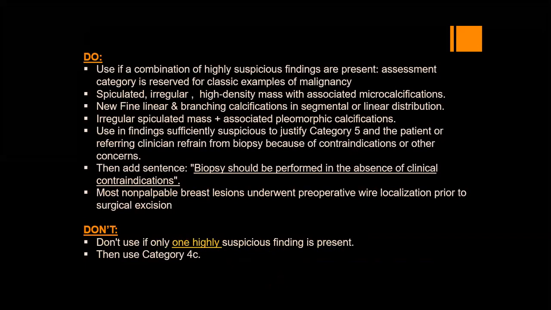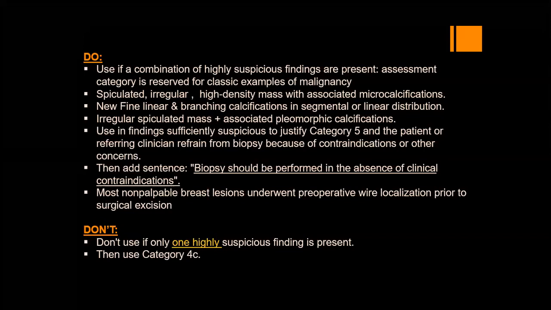When do we use BI-RADS 5? If a combination of highly suspicious findings is present, the assessment category is received for classic examples of malignancy: spiculated irregular high density associated calcification, new fine linear branching calcification, segmental or linear irregular spiculated mass plus spiculated pleomorphic calcification.